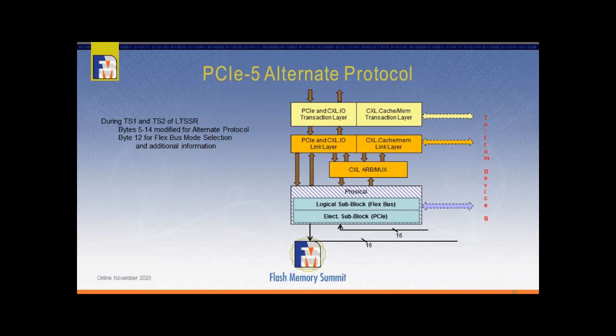The physical cables and connectors are PCIe 5. The logical sub-block in the physical layer is called the flex bus, in that it can operate as PCIe or CXL. A new block called ARB/MUX is added to arbitrate which request gets serviced first.